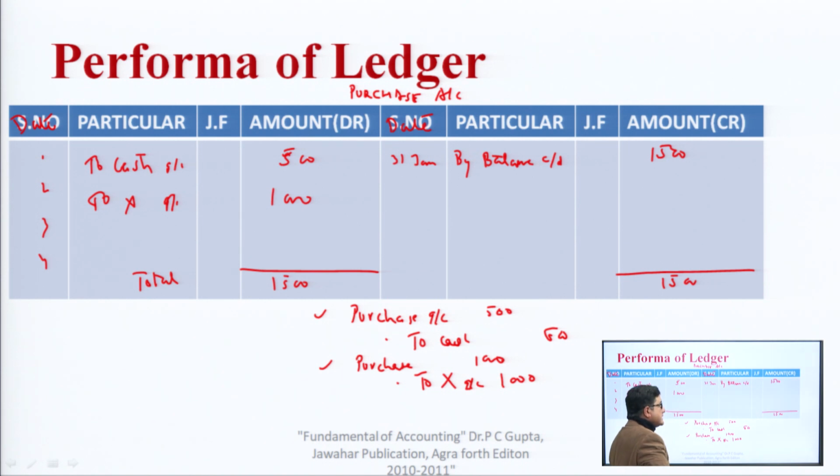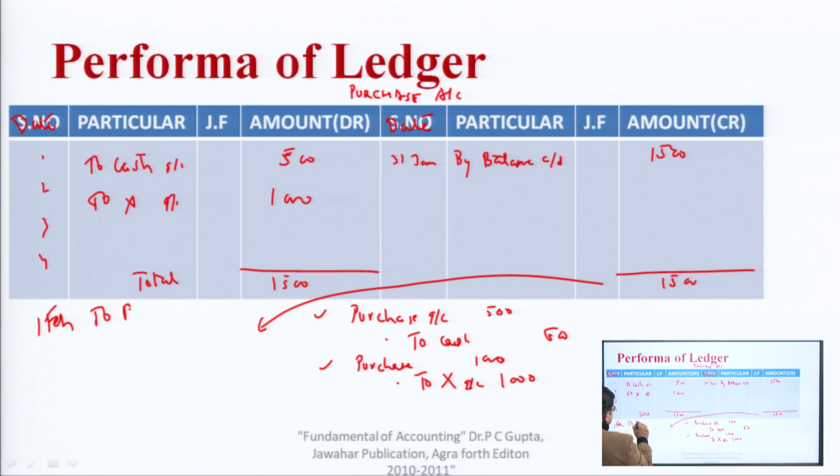So we can easily find out the balance of purchase is 1500 on 31st of January. Understand? Now, what happens on 1st of February? This balance moves to this side and we write 1st Feb to balance brought down rupees 1500.